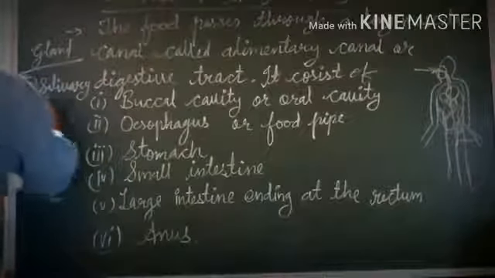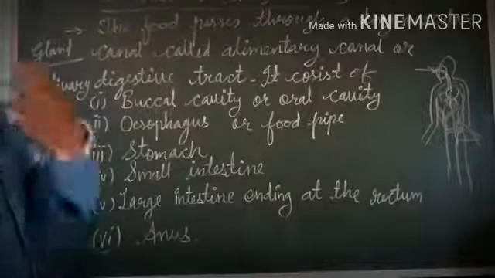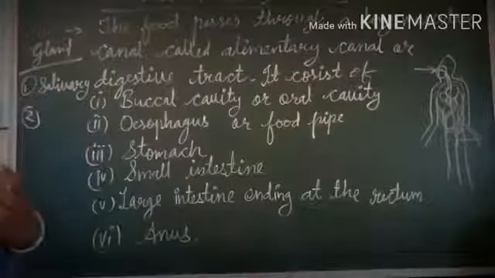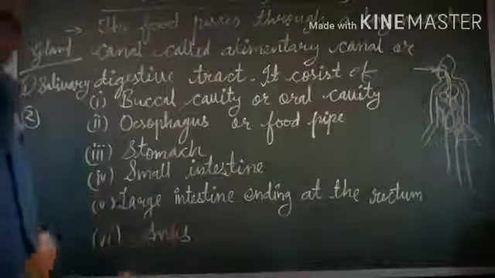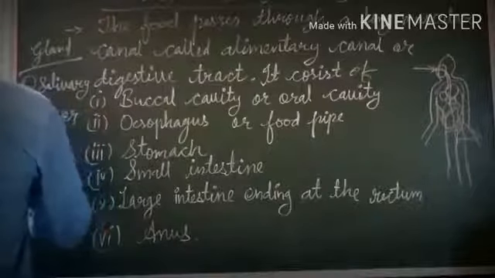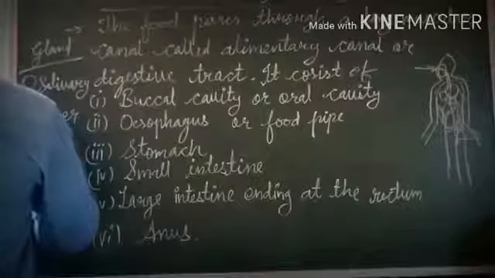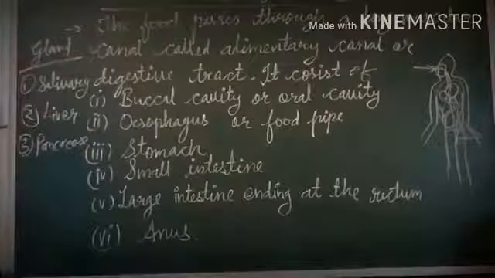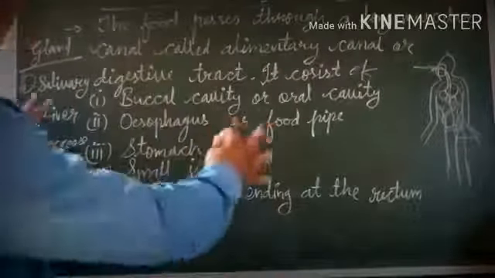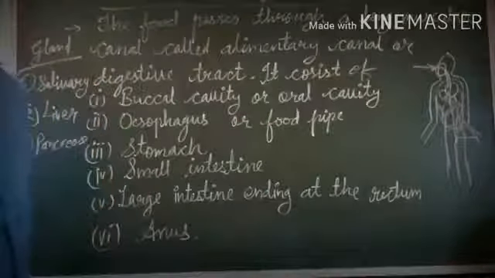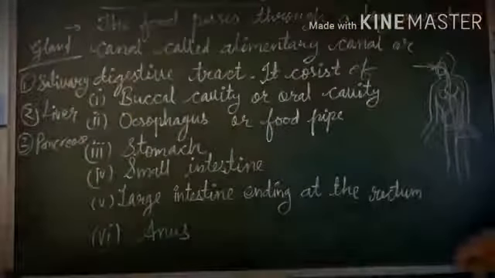Second, when our food goes into the stomach, there are also some glands nearby. One is the liver, and third is the pancreas. So these are the main glands and organs. Together they make the digestive system in the human body. So you must note it down.